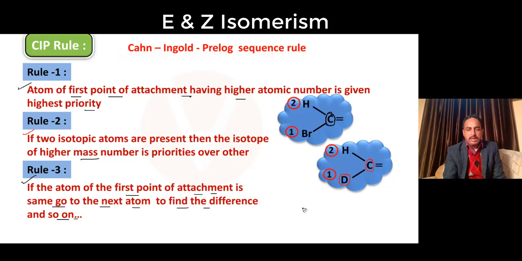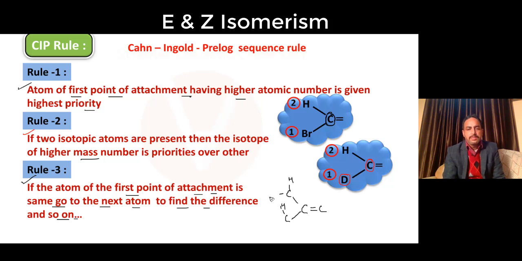Let us discuss this type of example. For this double bonded carbon atom and this double bonded carbon atom, the first attachment atom is the same. Here carbon and here also carbon atom. In this case, we discuss the next atom of attachment, and here the next atom of attachment is again hydrogen.